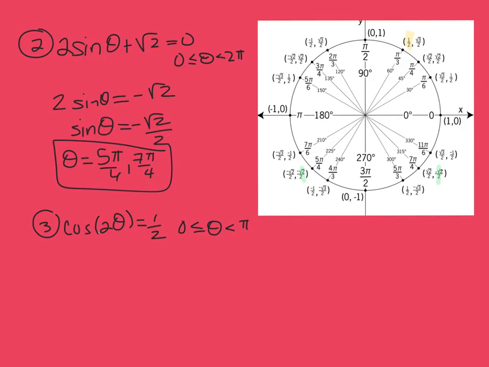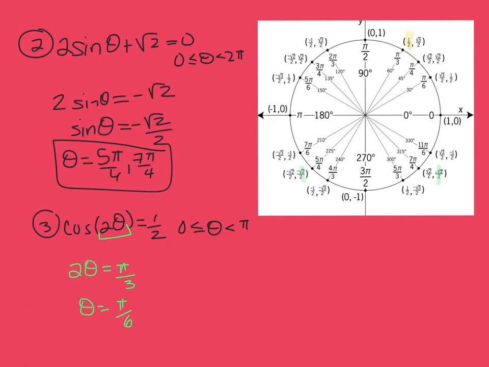Here's the thing. Our angle is not theta. It's actually 2 theta. So we're going to get that 2 theta is equal to pi over 3. And that is going to give us that theta is equal to pi over 6.